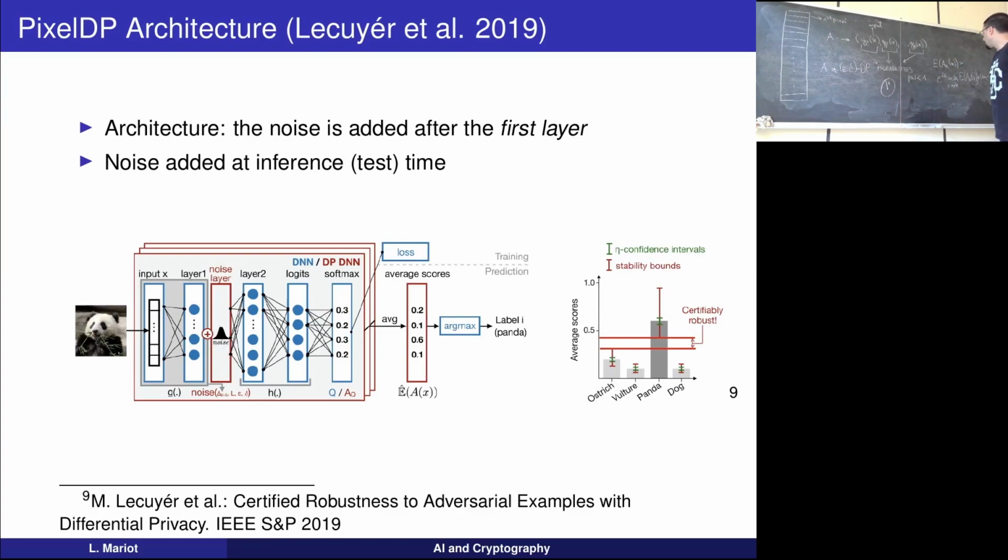The idea is that we are still able to derive an optimal mechanism for differential privacy also with Gaussian noise, and from there we get the theoretical guarantee that for any possible input image that is perturbed by at most something smaller than 1, the corresponding argmax that we get is robust, in the sense that it is not going to overlap its probability with the upper bounds of the other probabilities.